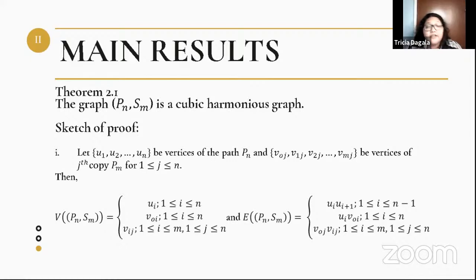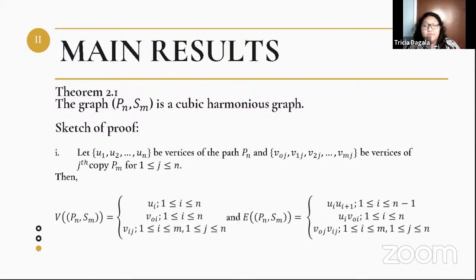So they define what the vertices of the graph are. So these are the vertices: u sub i from 1 to n, v sub 0 i from 1 to n, and v sub ij from 1 to m, and j from 1 to n.